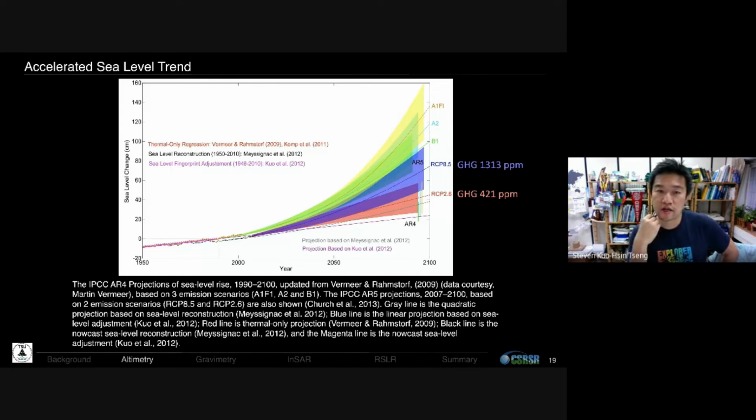Earlier they used scenarios like A1F1, A2, and B1, and in the latest report they use RCP, meaning how much we rely on fossil fuels and how strong the greenhouse gases are going to stay in the atmosphere. So the strongest, RCP 8.5, is similar to the A1F1 projections in the earlier reports.